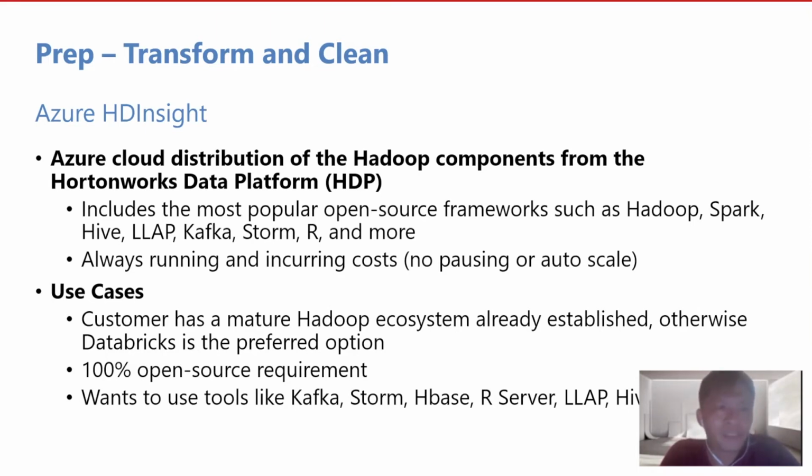Another key difference between HDInsight and Spark or Databricks is that HDInsight is more, I would say, for batch processing. It means you have data coming in at a certain time, and the performance of the processing is not so important.